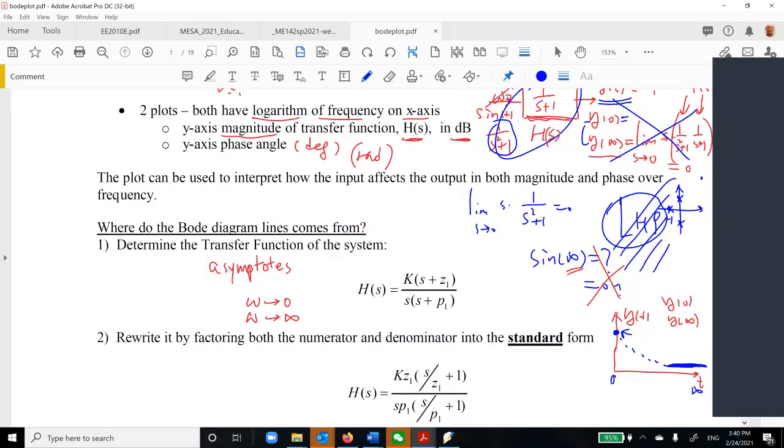So in the frequency domain, we need this kind of concept. Then in the middle, the transient, we hope we will be able to fill up the transient. This is called a Bode plot sketch.